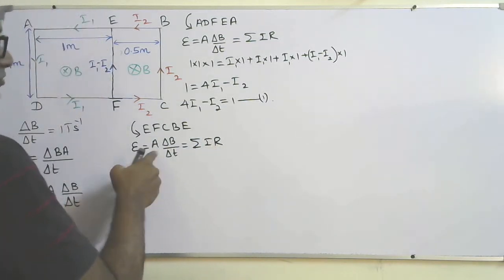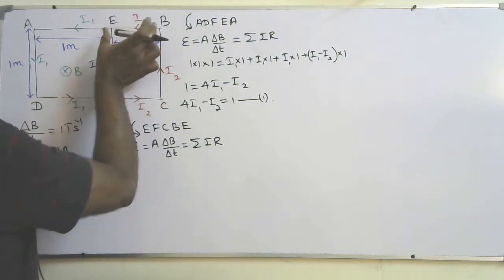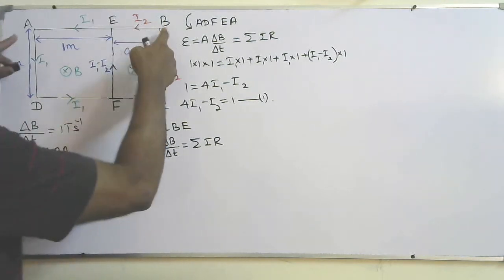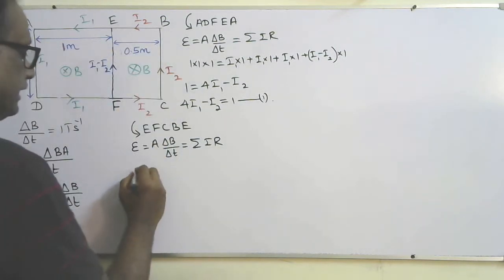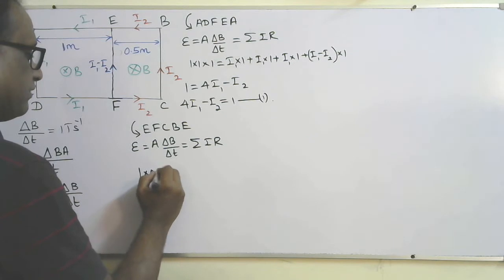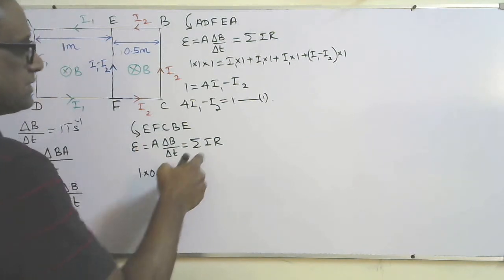So the induced EMF, A, the area of this frame: the length is 0.5 meters, this is 1.5 meters given in the question, this is 1, so this is 0.5. So 1 into 0.5, that is A. Delta B over delta T equal 1 is equal to sigma IR.